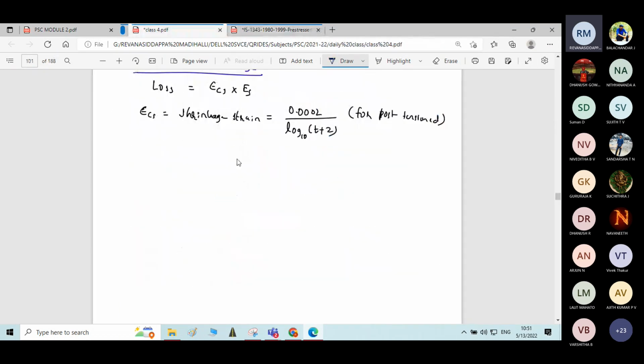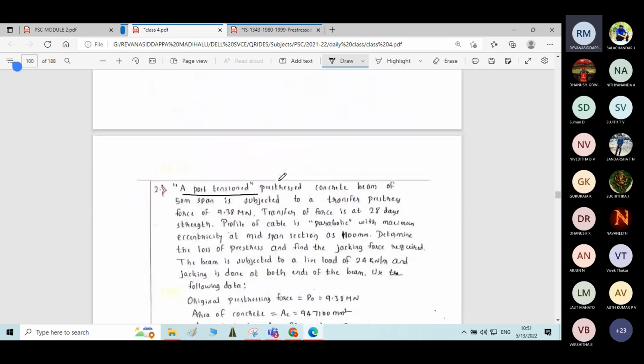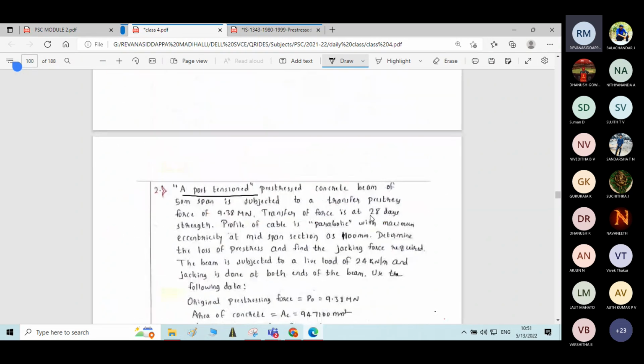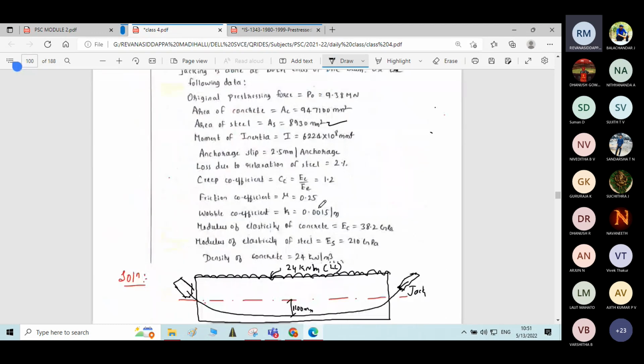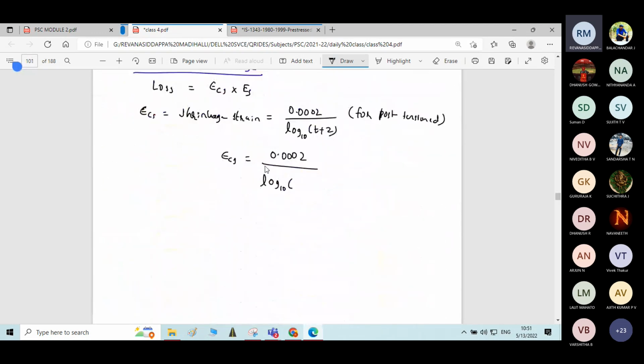Now epsilon Cs is equal to 0.0002 divided by log to the base 10 of t plus 2. What is t? Age of concrete at transfer, it is given as 28 days in the problem. So here I will write 28 plus 2.